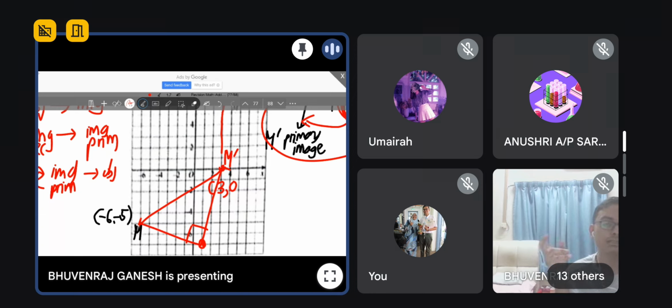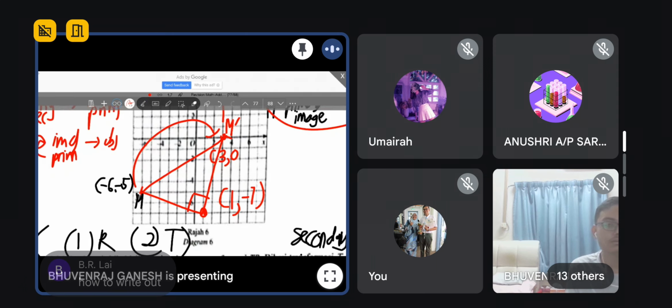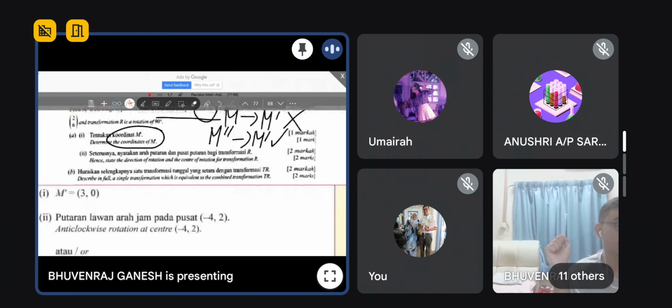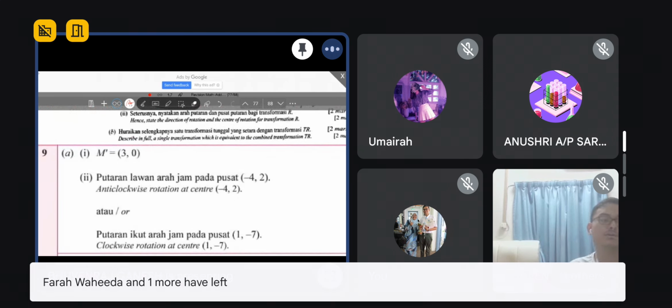So this is the second answer: a clockwise rotation of 90 degrees, center (1, -7). Are you all clear? So just write anti-clockwise, center (-4, 2), or clockwise, center (1, -7). This is the answer for A2.